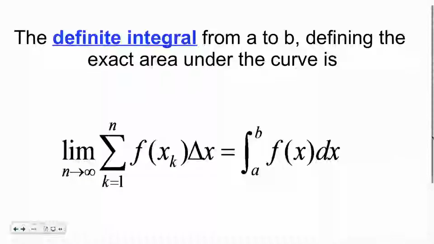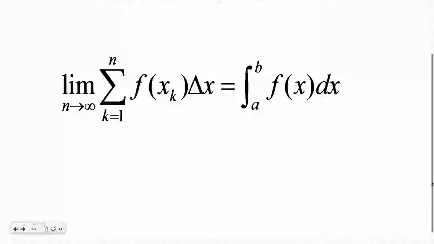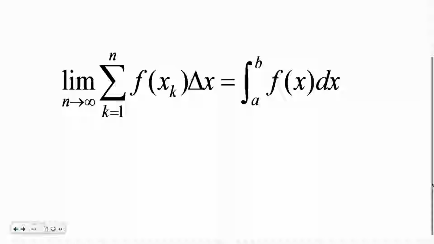Now, what we are going to do to make our Riemann sums easier, that's what this is right here, is use a right-hand approximation. In order to use this right-hand approximation, we are going to need to establish what x sub k is.